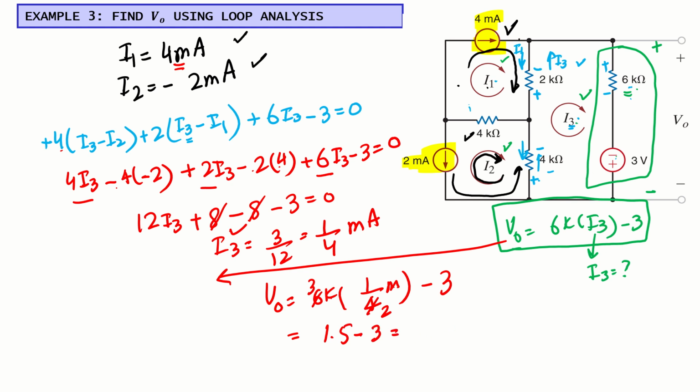So 1.5 minus 3 will be minus 1.5 volt, or minus 3 over 2 volt. This way we can get our desired output. The purpose of loop analysis is to get the loop currents, and once we have that, whatever we need to find, we can find directly. Thank you so much.